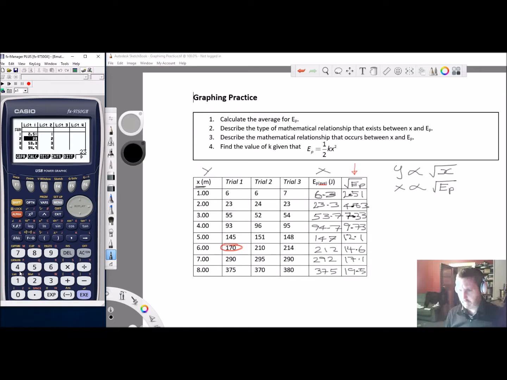execute, then we have 4.83, execute, then 7.33, execute, 9.73, execute, 12.1, execute, 14.6, execute, 17.1, execute, and the last one, 19.5, execute.